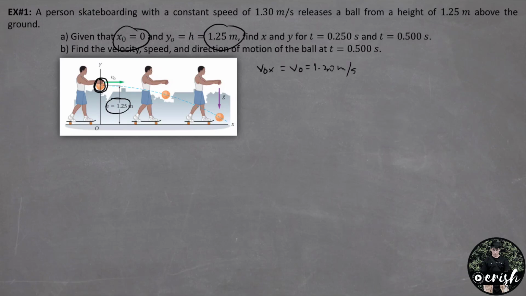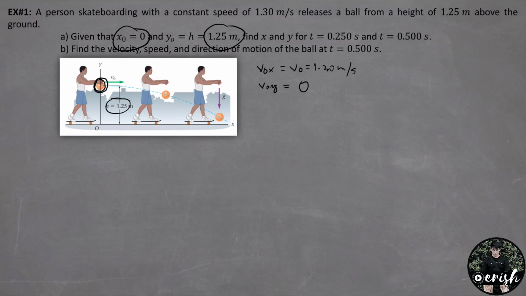And yung v sub o y naman natin, since we are in kinematics in 2 dimensions, we have a zero launch angle here and yung kanyang velocity is directly nakalatag dun sa horizontal. Ibig sabihin, yung initial velocity at y, or in the vertical component, is 0.